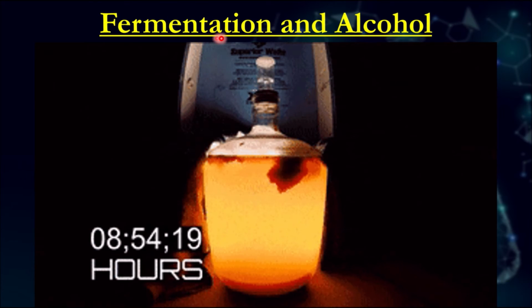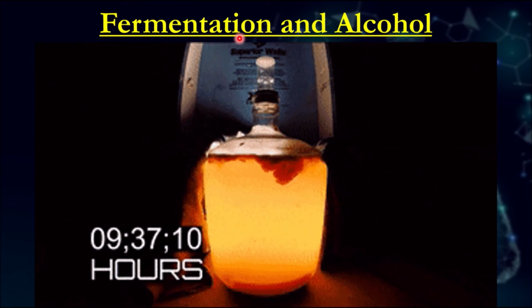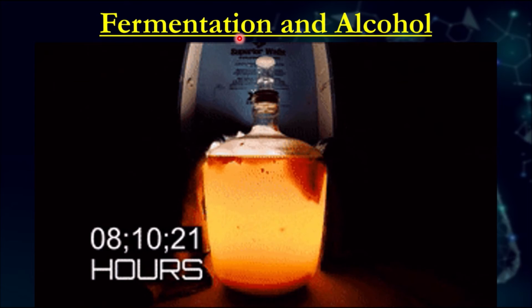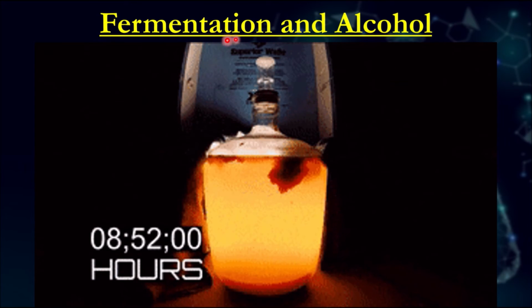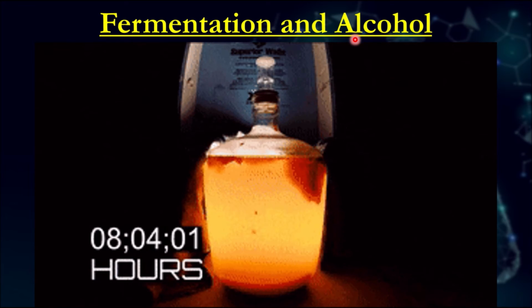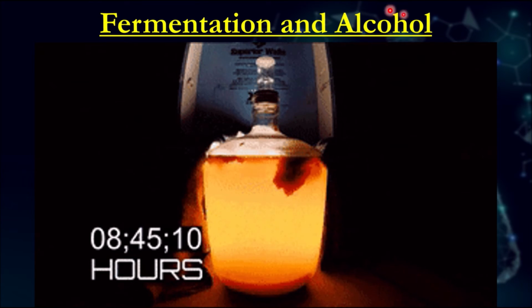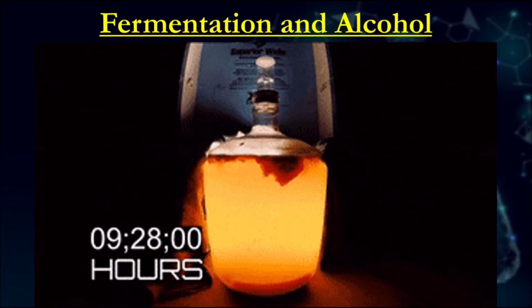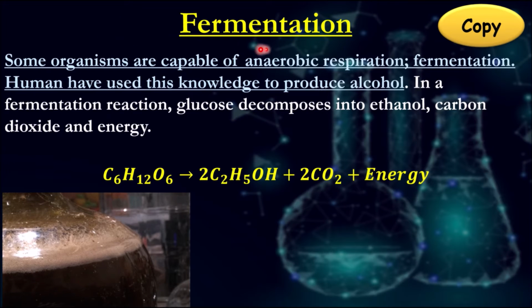The next form of, I guess, anaerobic respiration is through a process known as fermentation. And this is actually the same process we use to produce alcohol. Fermentation is a process that throughout human history we've used quite a lot.